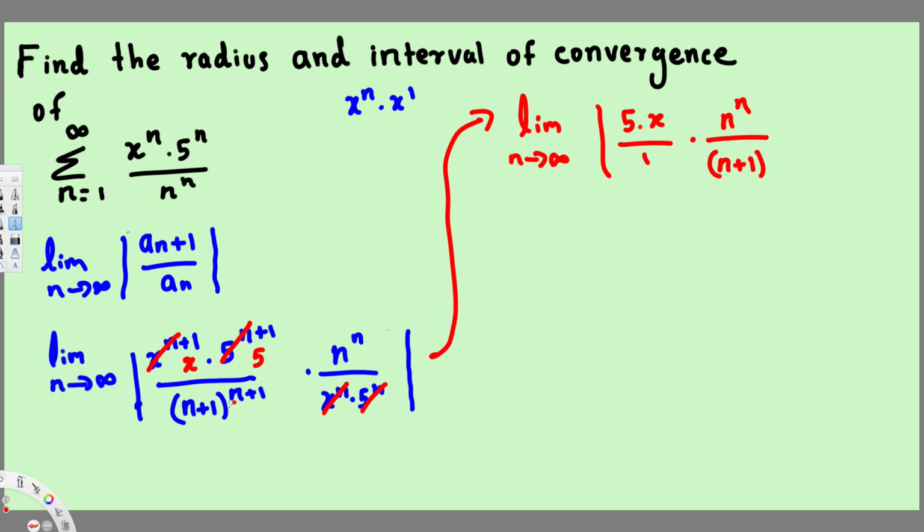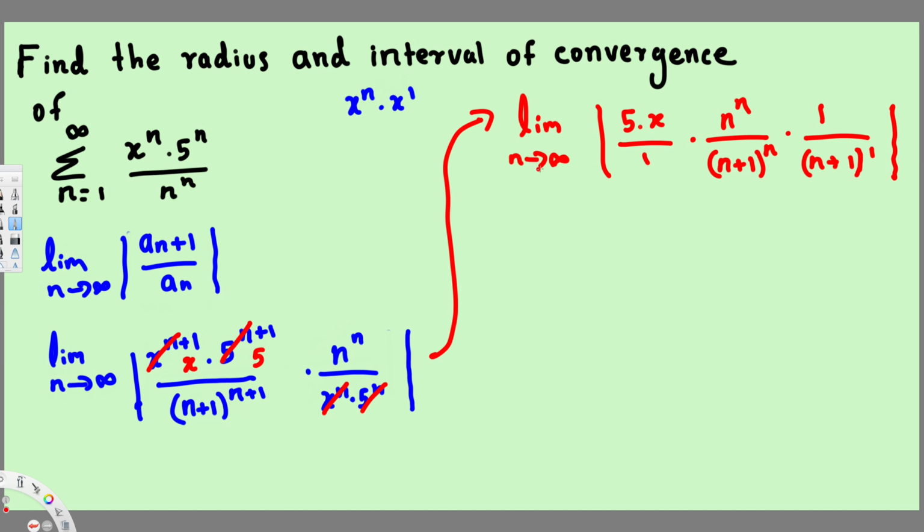Instead of writing n plus 1 to the power n plus 1, we can do one thing right here. We can write n plus 1 to the power n times 1 over n plus 1 to the power 1, right? If you multiply, the powers will add.